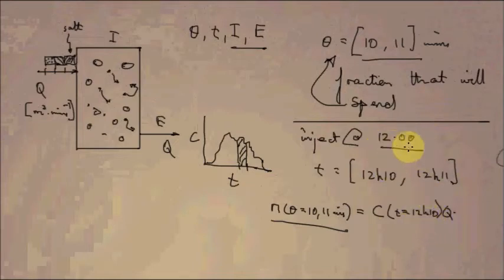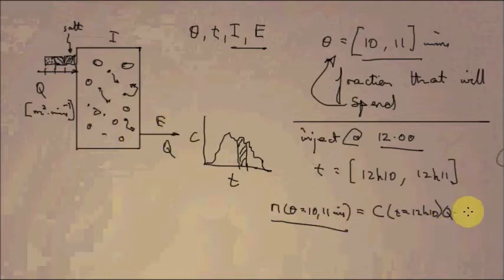We injected at 12 o'clock, so if we start looking at 12:10, then we are starting to look at elements of age 10 minutes. So if we want 10 minutes to 11 minutes, then of course it's going to take 1 minute for this range to flow into the reactor, right? 1 minute has to pass for this amount to leave the reactor.